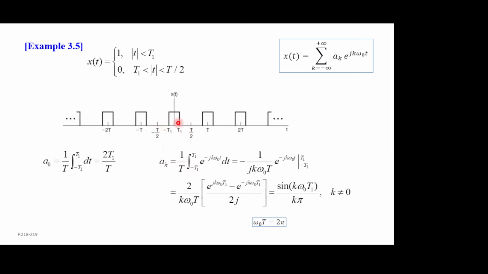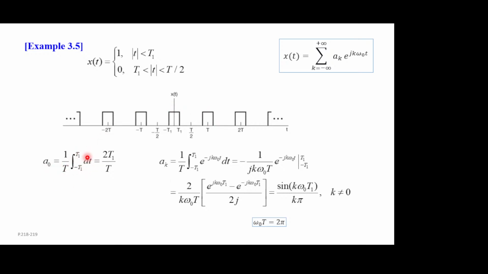So integrate from, and now, well, as we said, the integration can be anywhere. So you can take an integration from 0 to big T. But quite obviously, the easier integration is from minus T over 2 to plus T over 2. So you're integrating over one period. And then you integrate over this signal.